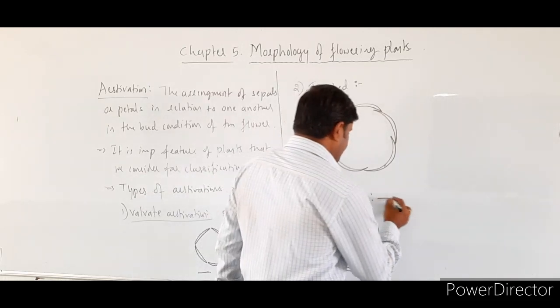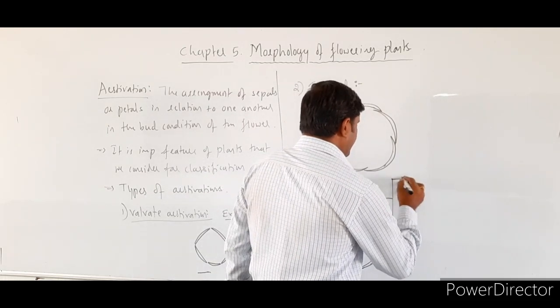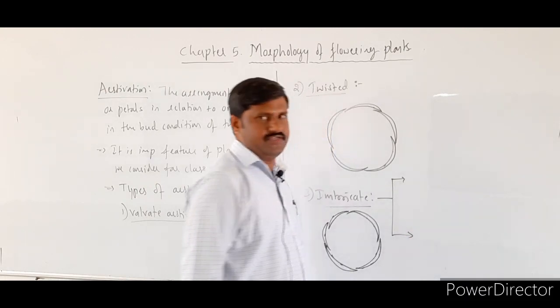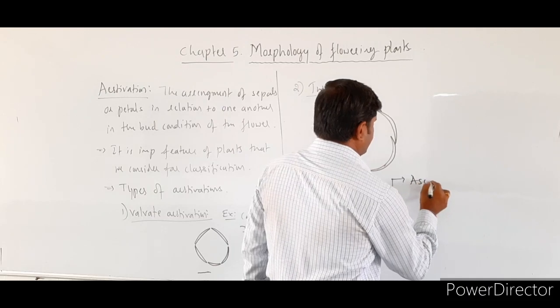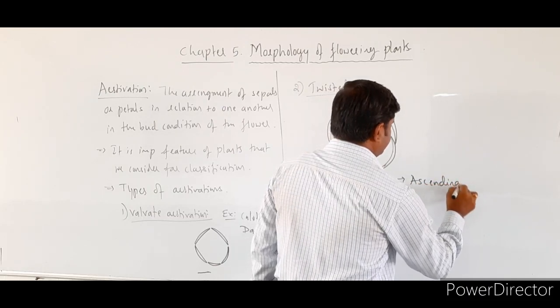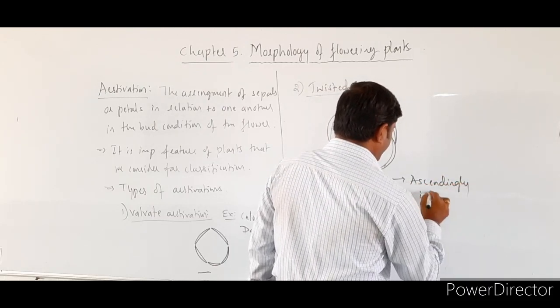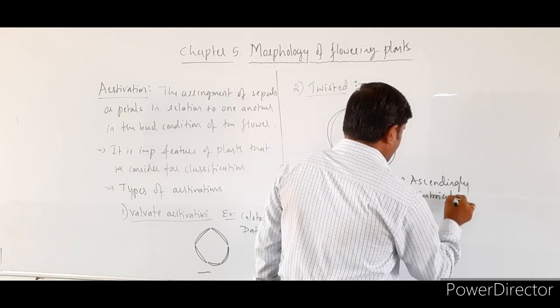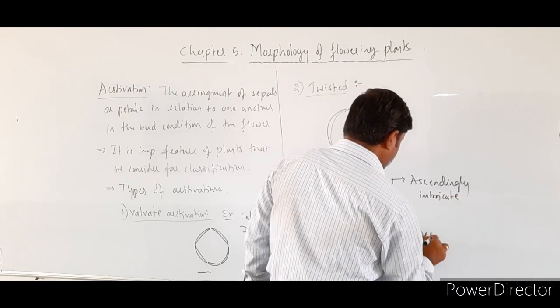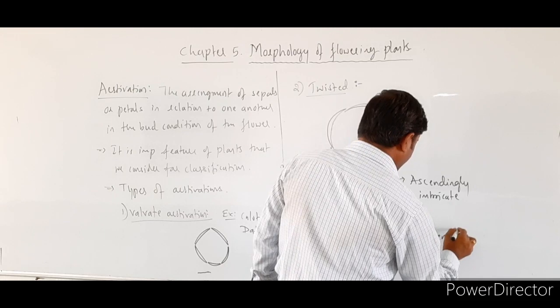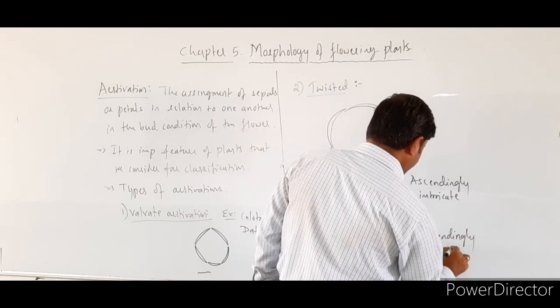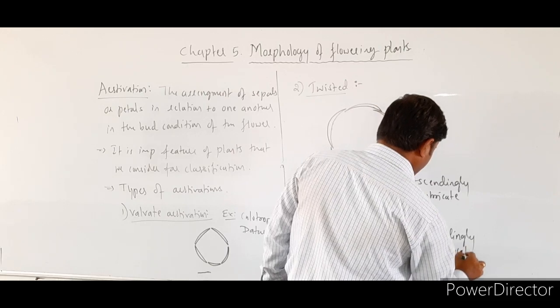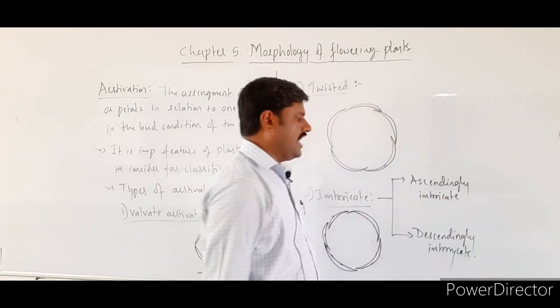In imbricate estivation, we come across two types. So what are the two types of estivation? One is ascendingly imbricate, and the second one is descendingly imbricate. Right? So there are two types.